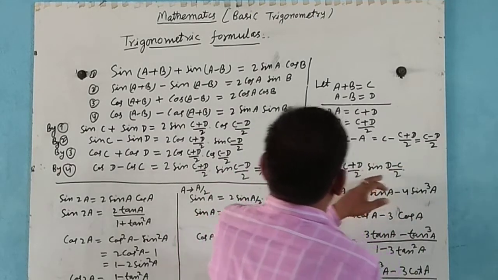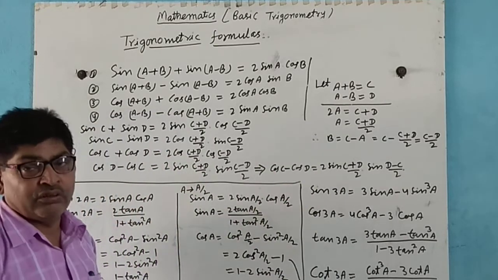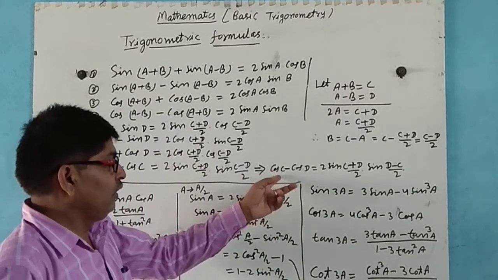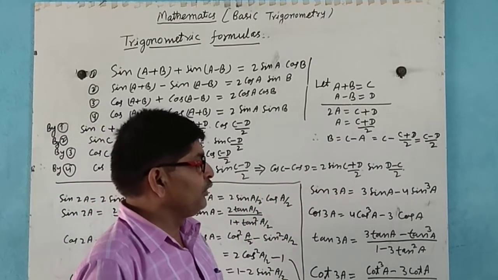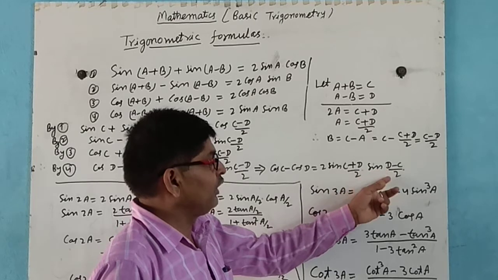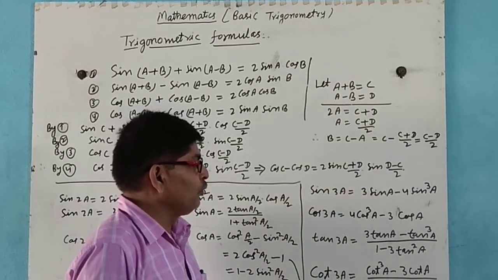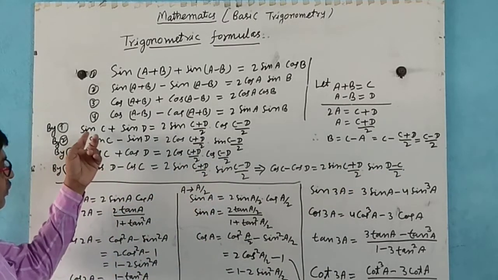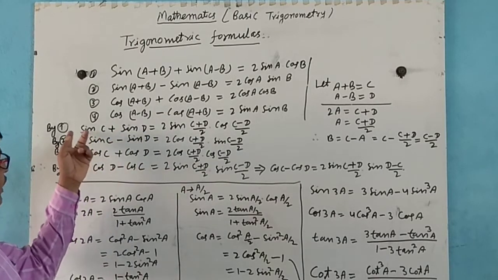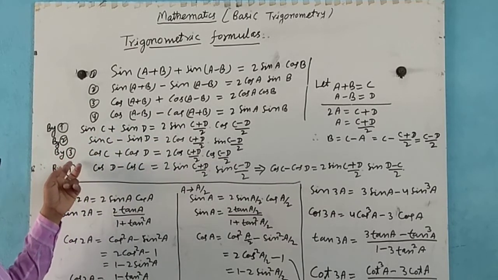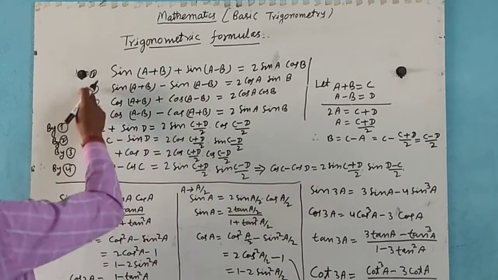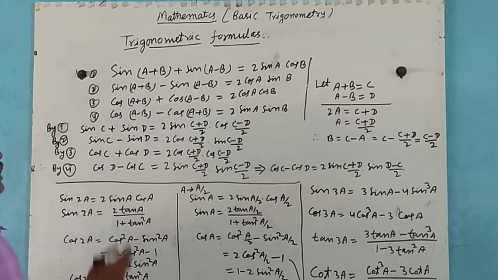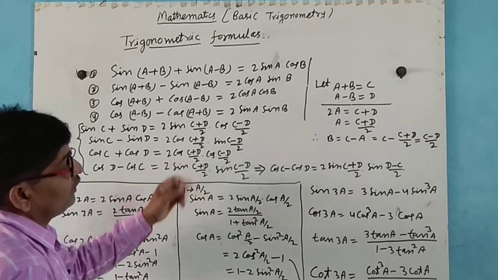For convenience of remembering, cos C minus cos D equal to 2 sin (C plus D) by 2 into sin (D minus C) by 2. Now these 4 formulas, first, second, third and fourth, are derived from the earlier formulas, and these are the factor formulas.